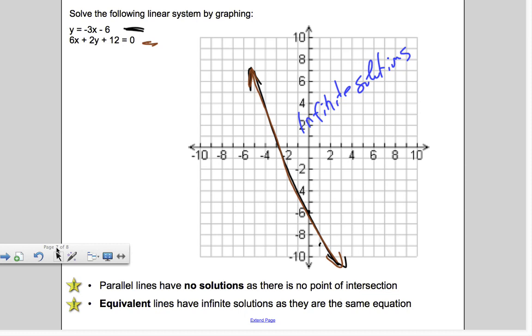Finally, equivalent lines have infinite solutions, as they're the same equation. In other words, there's an infinite amount of points that they're intersecting at because they're the same line.